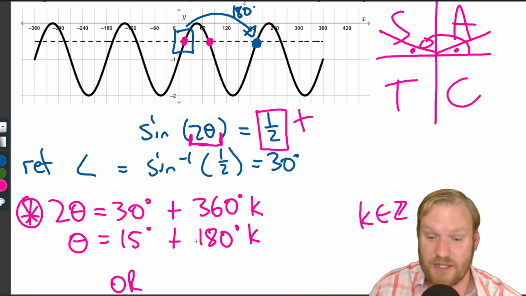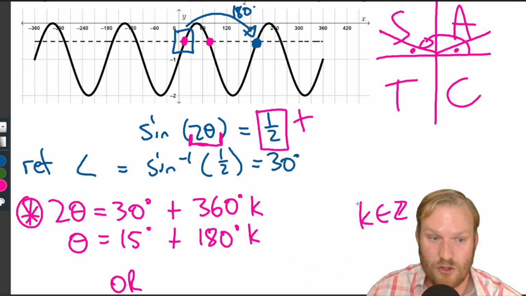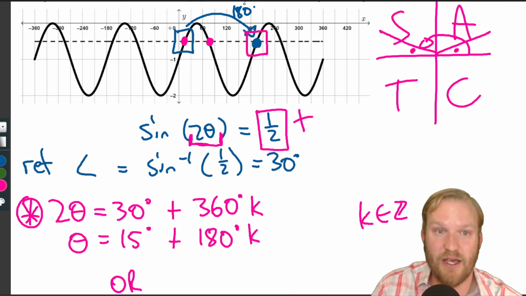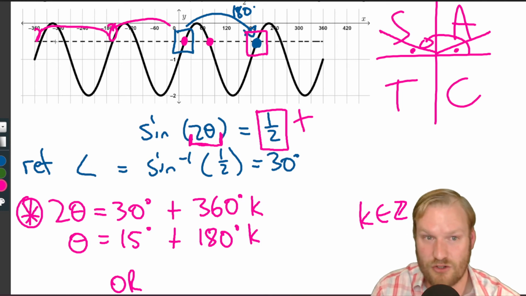So here we see that the period of 180 degrees presents itself. When we get our next solution of 15 plus 180, we get 195 degrees, which relates to our next solution there. And it will continue that way, and in the negative direction too.